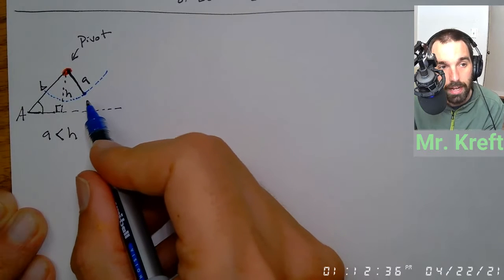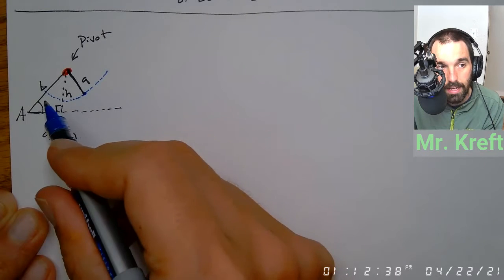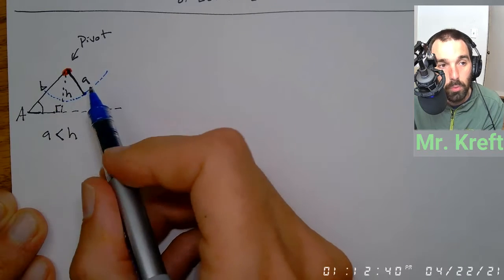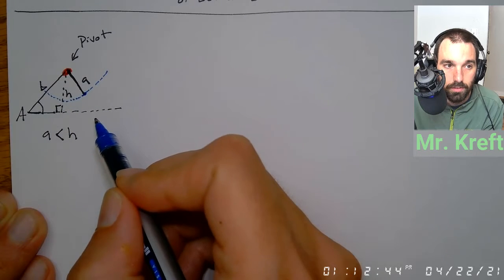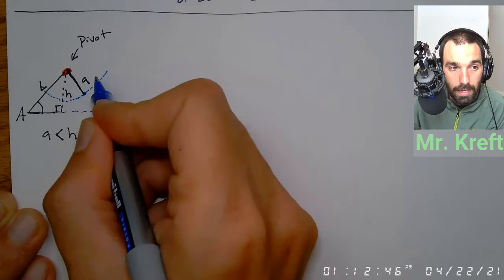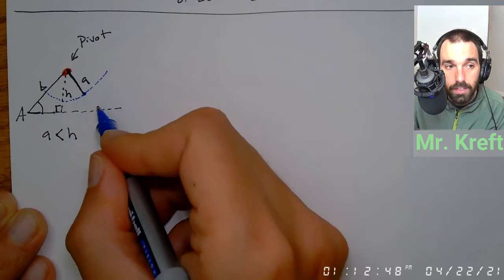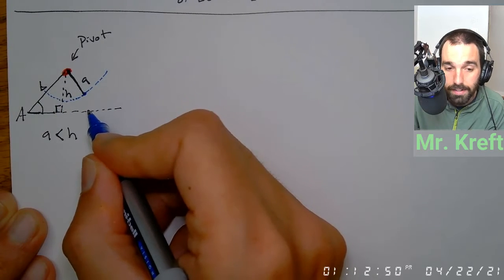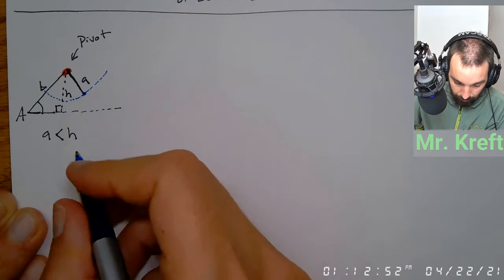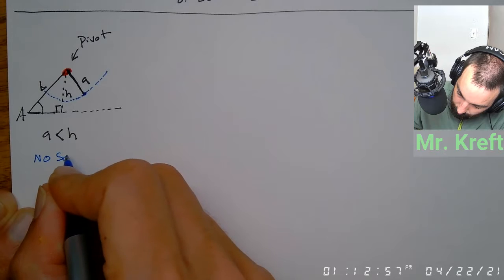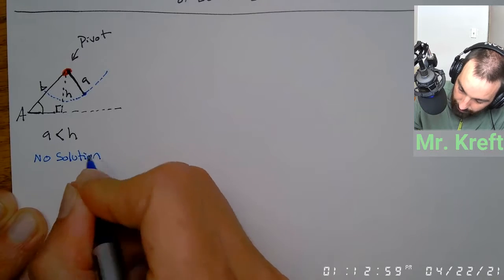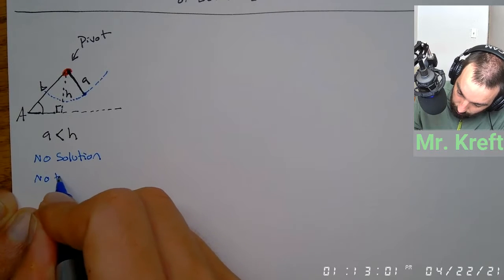Do you see how the blue is the path? If I swung side A, that's the path it would take. Notice how this path never makes a triangle. If I swing this back and forth, A never makes contact with this far side, and it would never make a triangle. So there are no solutions here, as in, there's no triangle.